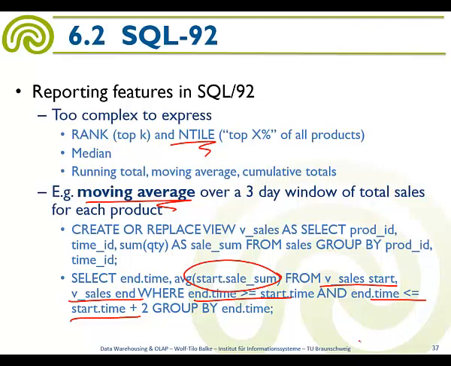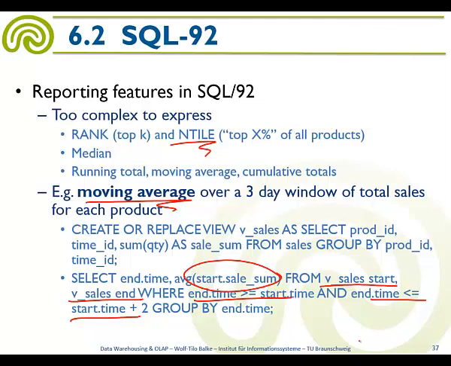For such a simple thing as a 3-day moving average, right? You sum up the value of 3 days and you divide it by 3. Does not sound too difficult, right? So conceptually, it's very simple, right? But in SQL, it's kind of a little bit clumsy, to say the least.